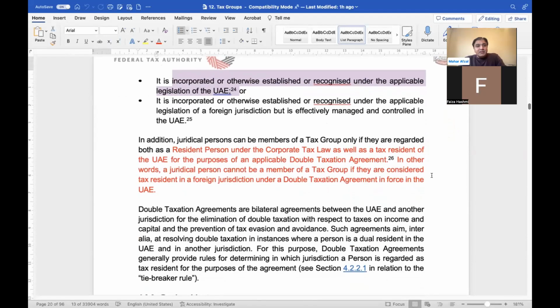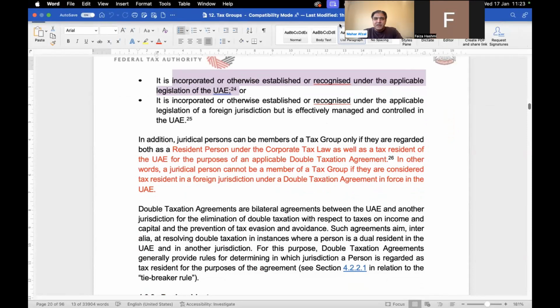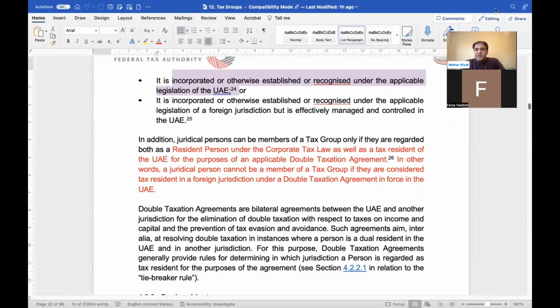So under the corporate tax law, for double tax, there is a possibility that one person is a resident in two different jurisdictions. The important thing is, if a double tax treaty exists between these two jurisdictions, then based upon this double tax treaty, we need to assess which jurisdiction the person is a resident of.